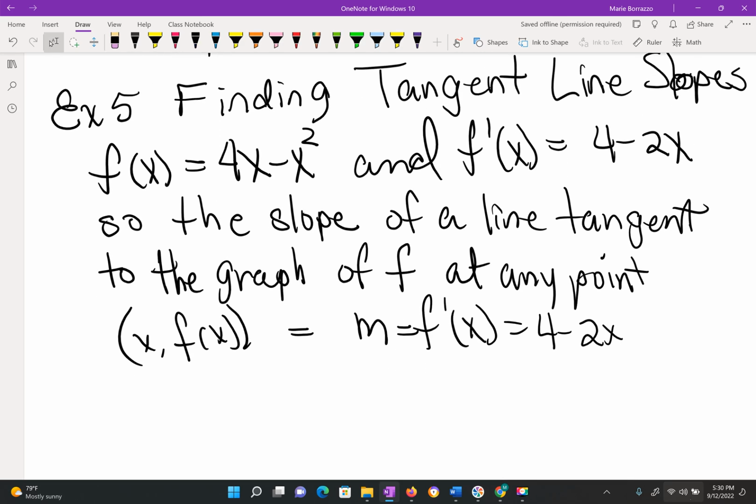So that is the gist of this concept. This is the gist of the tangent line and that first derivative.